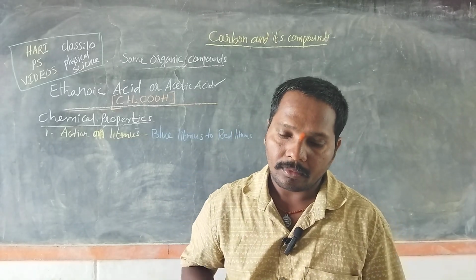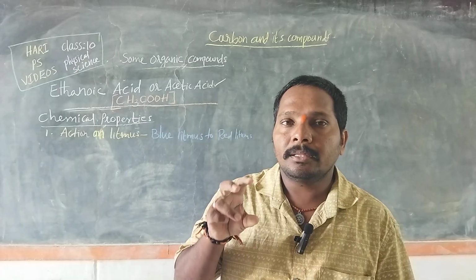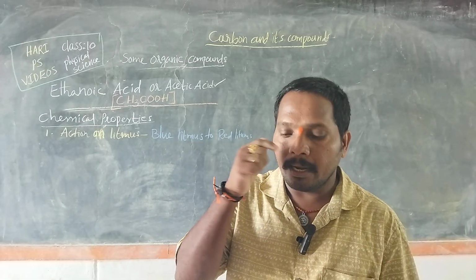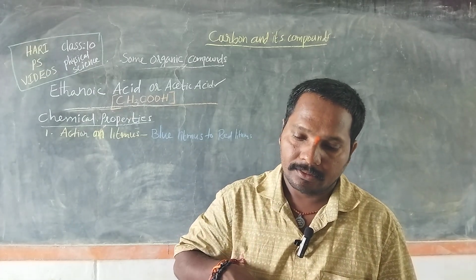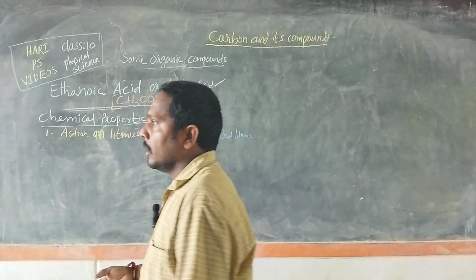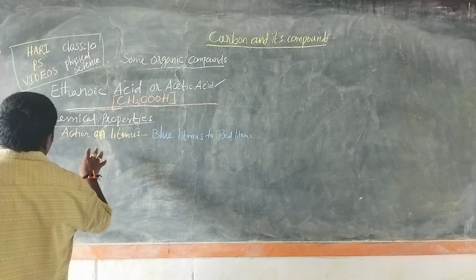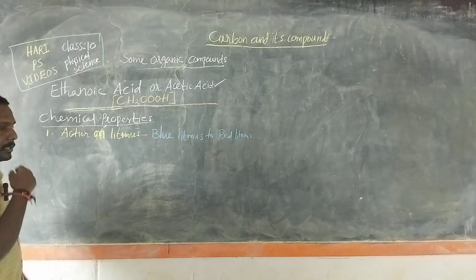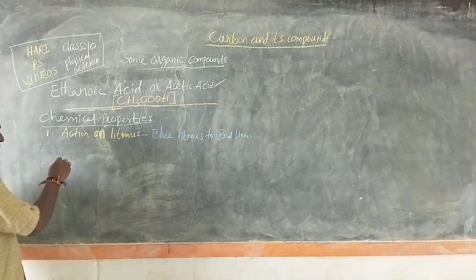Now compare the strength of dilute sulfuric acid and dilute ethanoic acid. Here ethanoic acid is an organic acid.